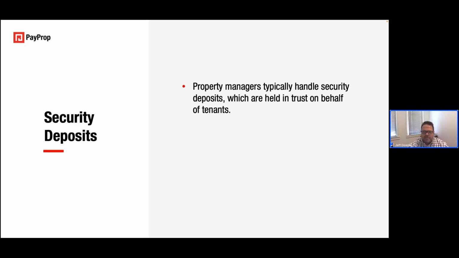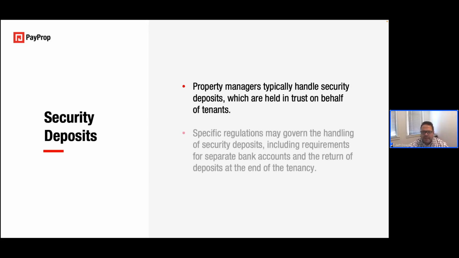And there's a lot of complexity and laws around this, mainly about how you're handling them, separate bank accounts from all of the other accounts, and the return of the deposits, and a good accounting at the end of that tenancy as to what happened to those security deposits, what the money was spent on, and how that's accounted for. Really important to make sure that those kinds of things are also highly detailed on a per property basis. And that can also be a very big lift for property managers to have to keep track of.